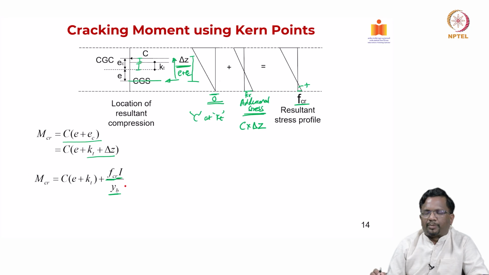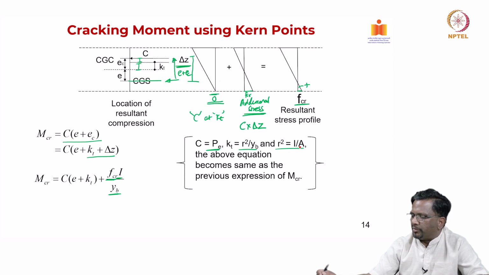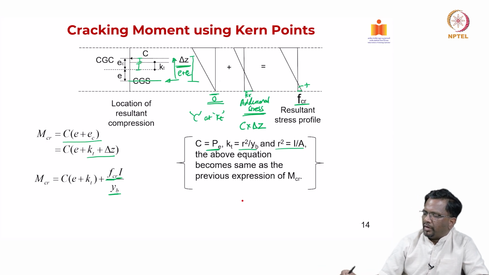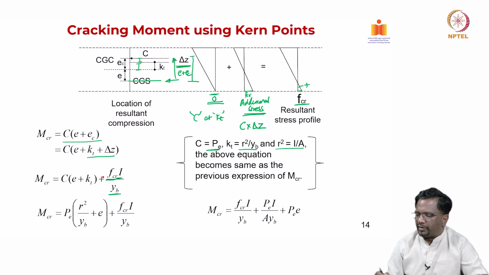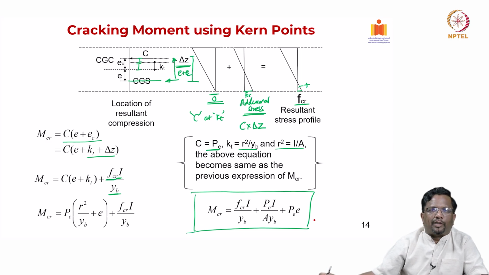So, now the expression for my cracking moment is going to be C into E plus KT plus FCR into I by YB. Now, you see that C is equal to PE, which is the effective pre-stressing force, KT is R square YB and R square is nothing but I by A. Then if I substitute all these things, you will find that the same expression for cracking moment that we got previously can be found.